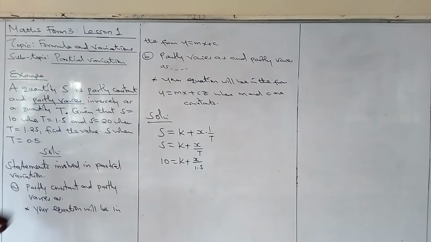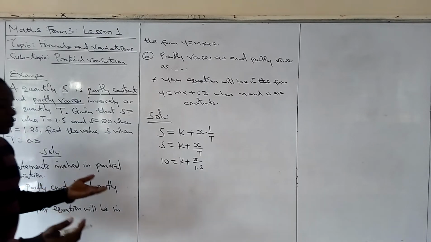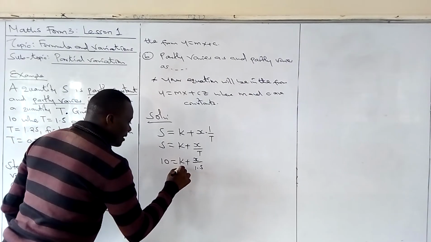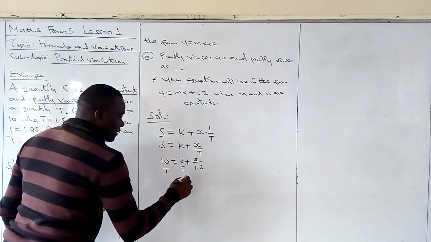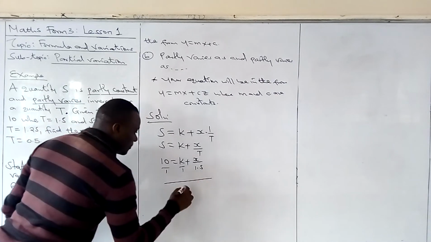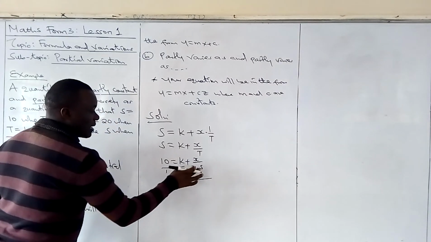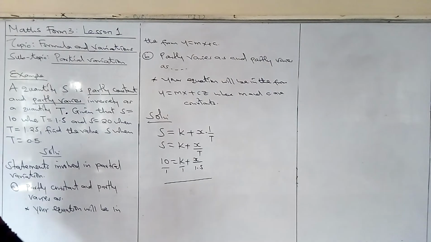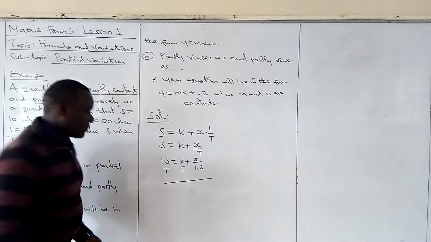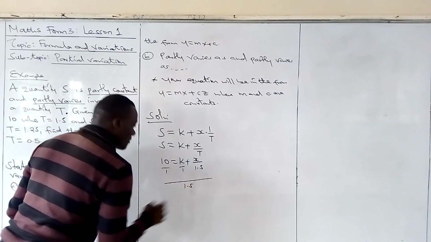So that gives us the first equation, and we can decide to say over 1, then we look for the LCM. LCM of 1 and 1.5 is 1.5. So we will say 1.5.